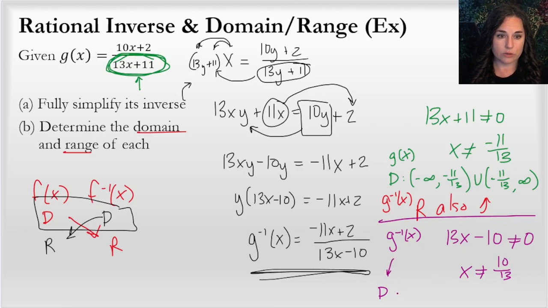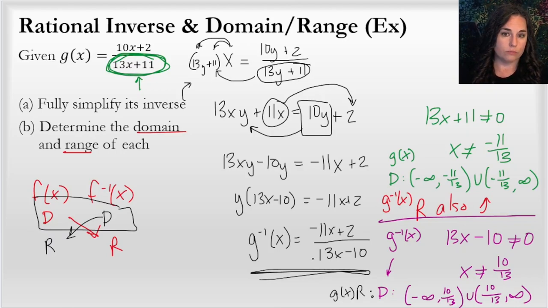The domain is going to be negative infinity all the way up to 10/13, and then I'm going to union it with the rest, 10/13 all the way up to positive infinity. So that was the domain of the inverse, which means it's also the range of the original function as well.